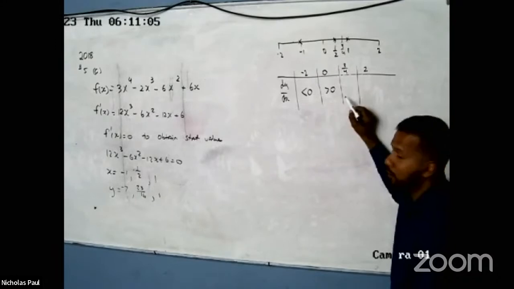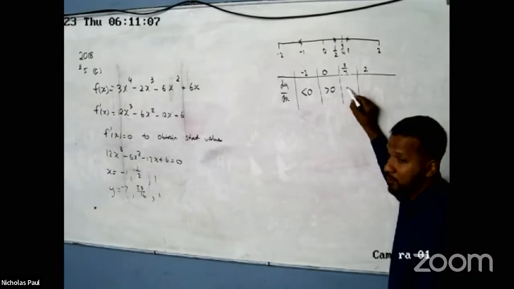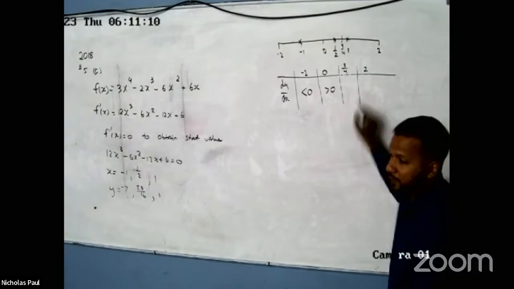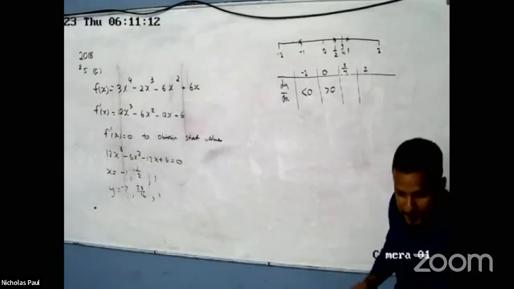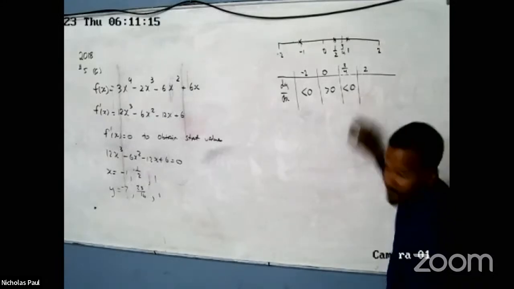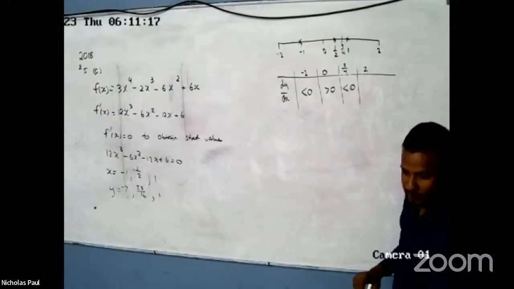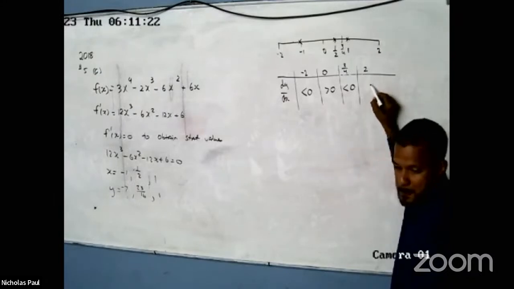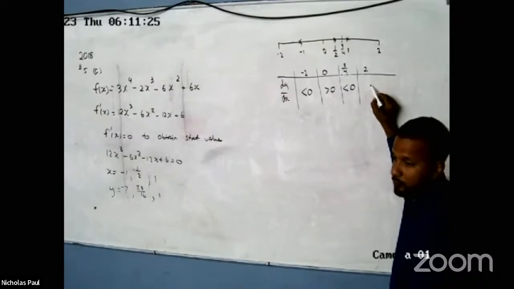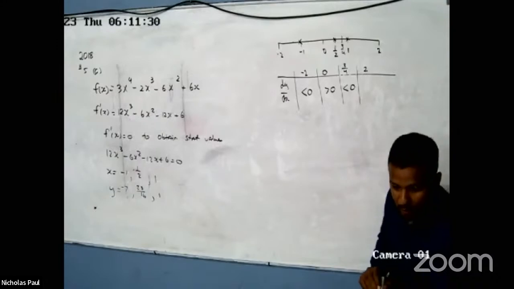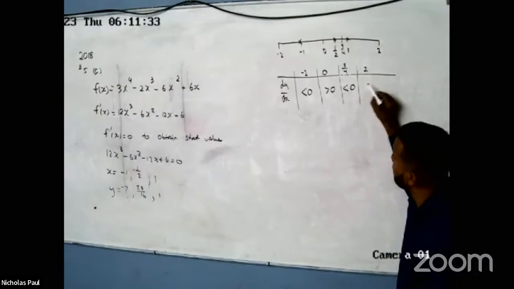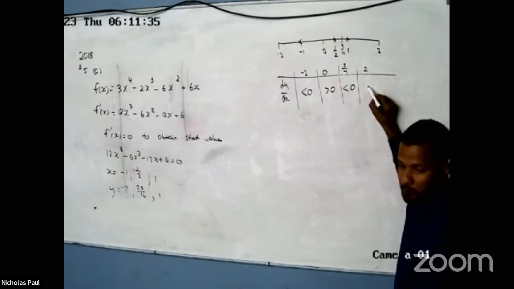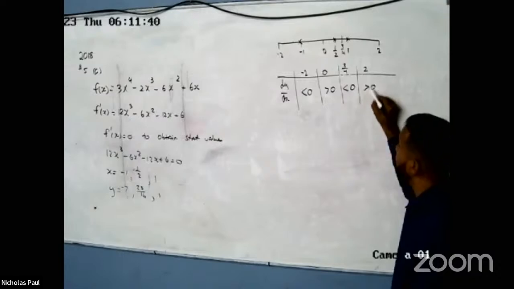Which one? 3/4 is less than 0? Yeah, somebody else check it now. All right, well, yeah, online said less than 0 as well. And 2 is what? When x is 2, more than 0? More than 0? All right, good.